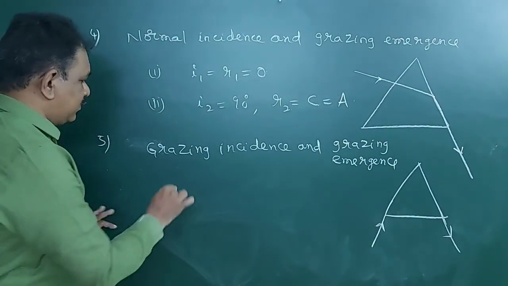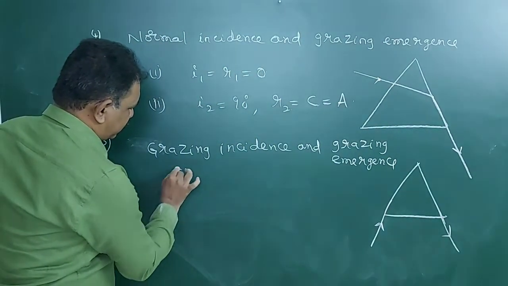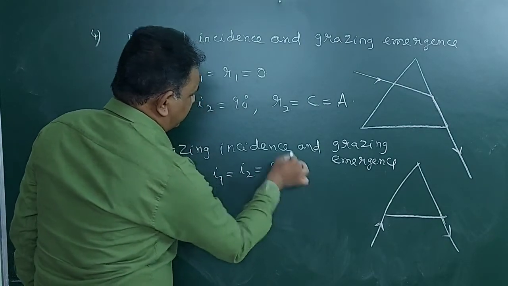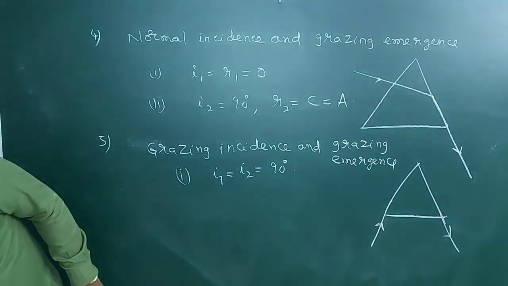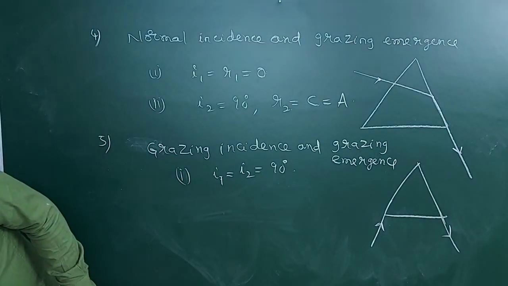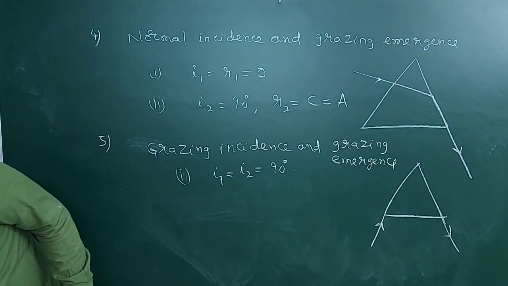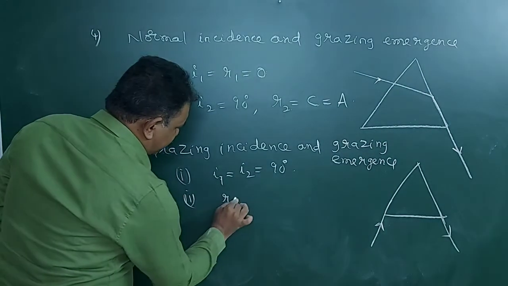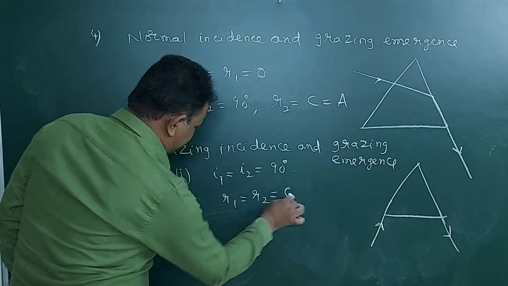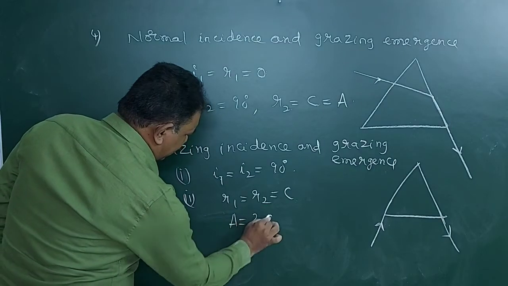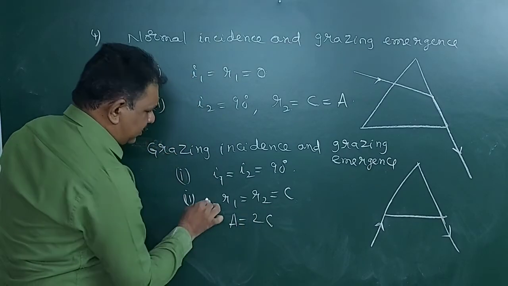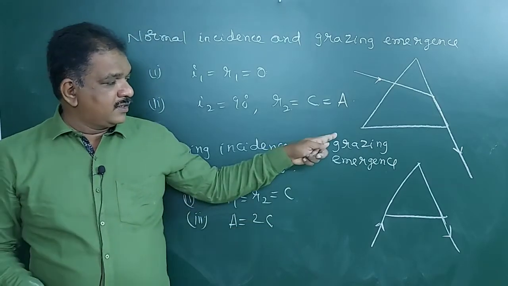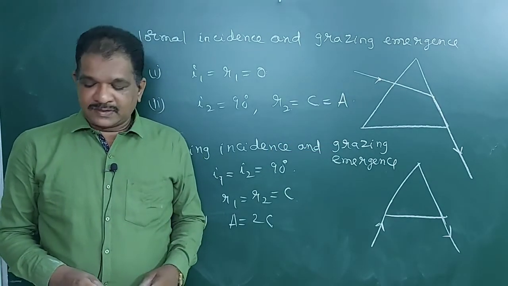In this case, I1 and I2 values will be equal to 90 degrees. Okay, and R1 and R2 values are equal, that is equal to C. A value is equal to 2C. These formulas we will use for grazing incidence and grazing emergence.